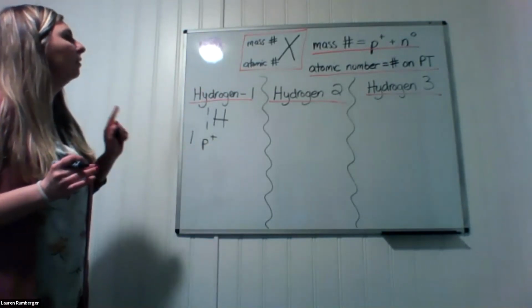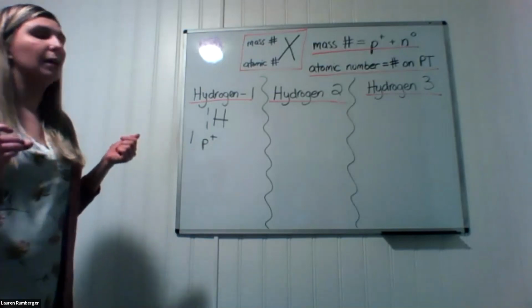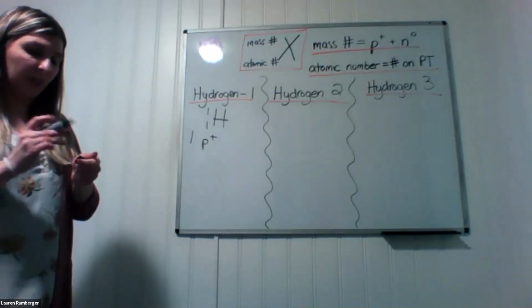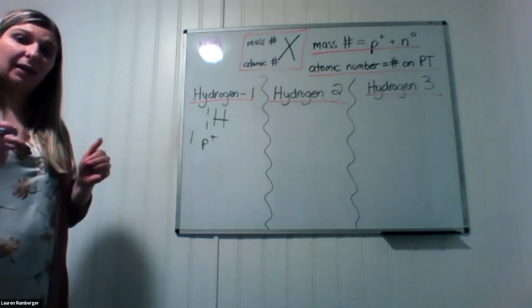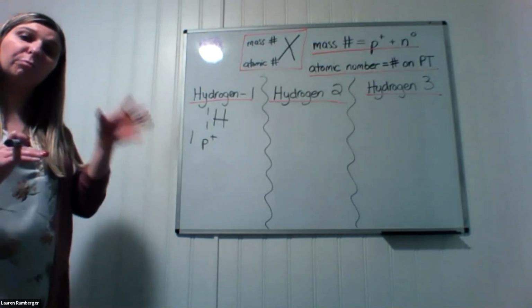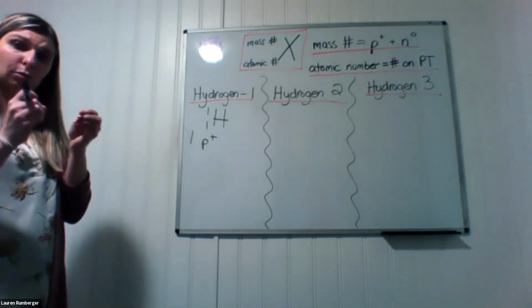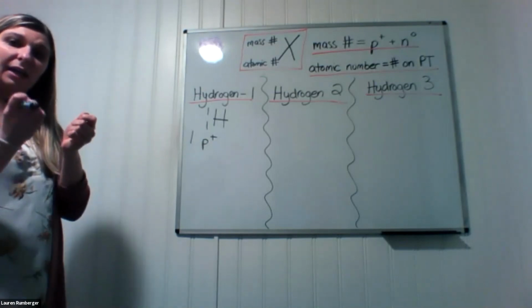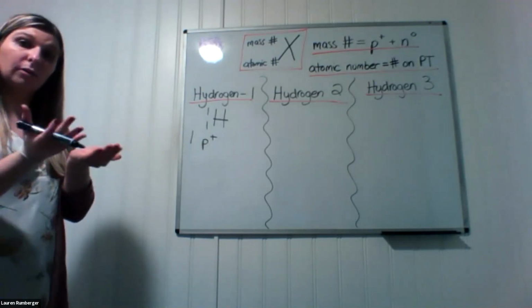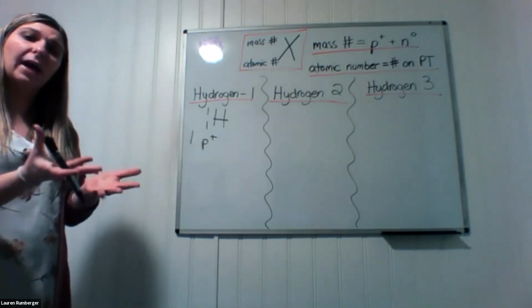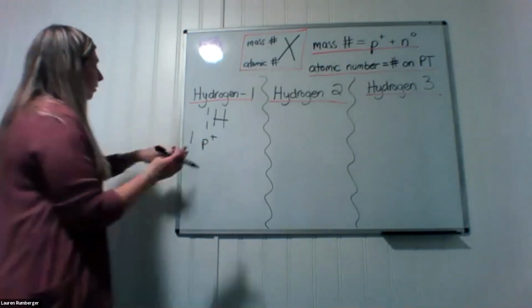Now, if we want to know the number of electrons, we know that this is a neutral atom, and a neutral atom always has the number of protons and electrons equal to each other, because the positive and the negative charges will cancel each other out to make the total atom neutral.